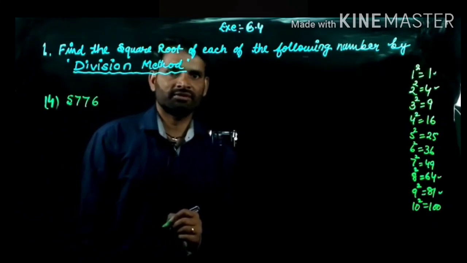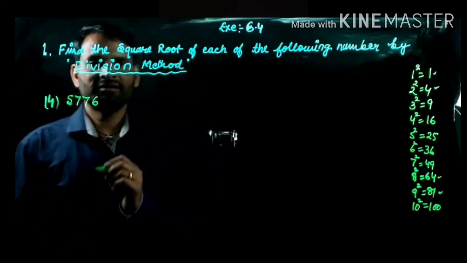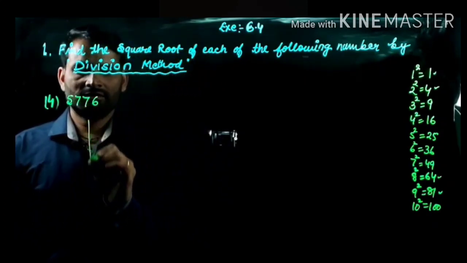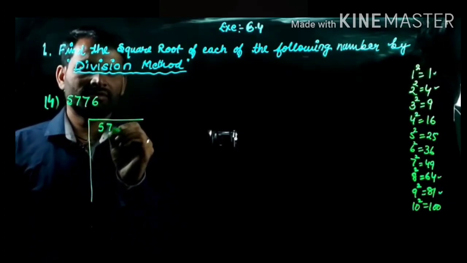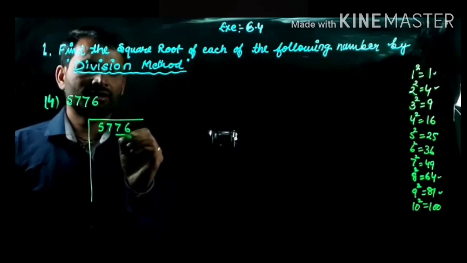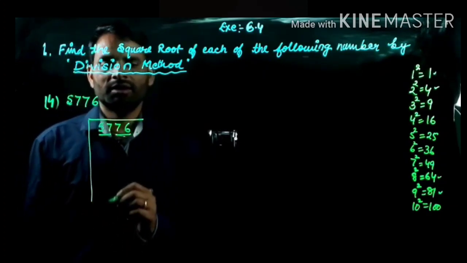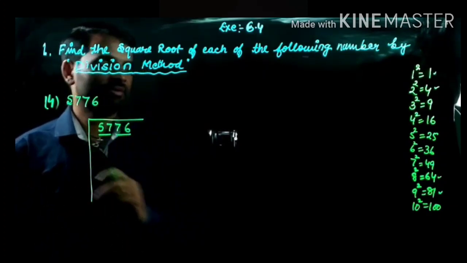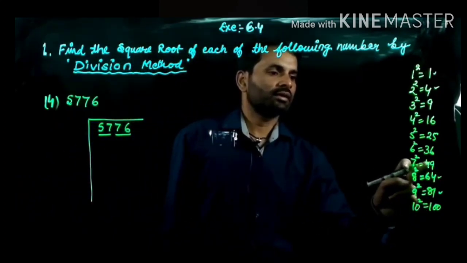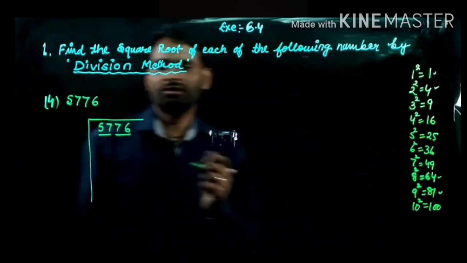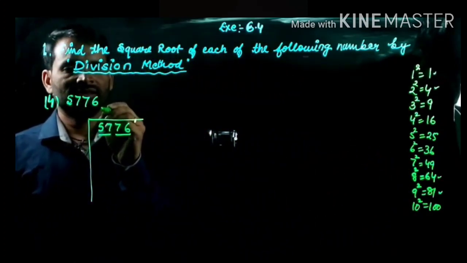Next number is 5776. Again you draw the bracket and make pairs. First step, you make a pair, and second step, you choose for 57 which number. 57 is between 49 and 64, which means your first number is 7.